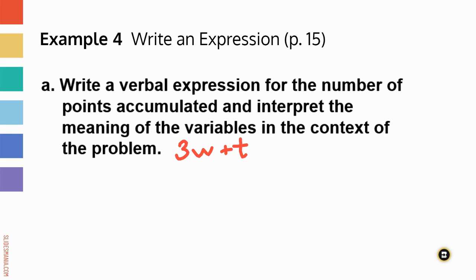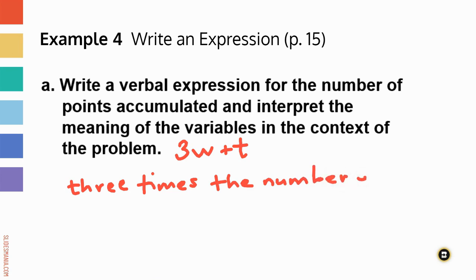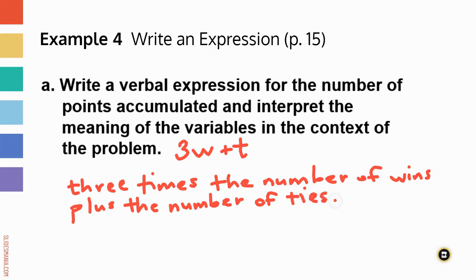So if we want to write this verbally, we can have 3 times, so W is the number of wins, so 3 times the number of wins plus, and then our T is the number of ties, so plus the number of ties. Okay, so that's our verbal expression.